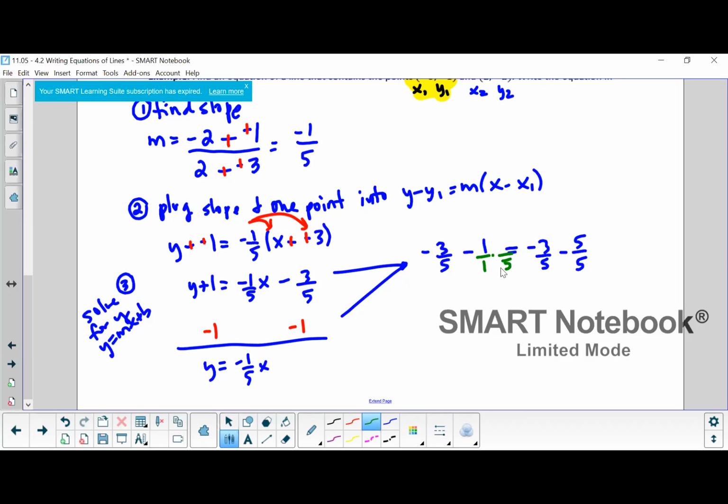But whatever you do to the bottom, you also have to do to the top. And then when you multiply across the numerators, you get 1 times 5, which is 5. And across the bottom, you get 1 times 5, which is 5. And then we have to talk about how to add fractions that have the same denominator.